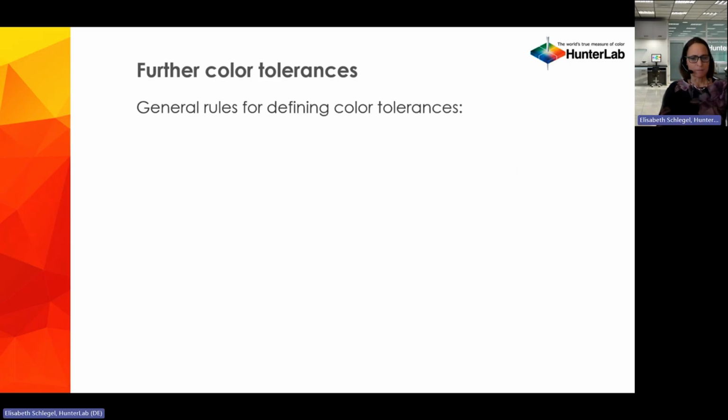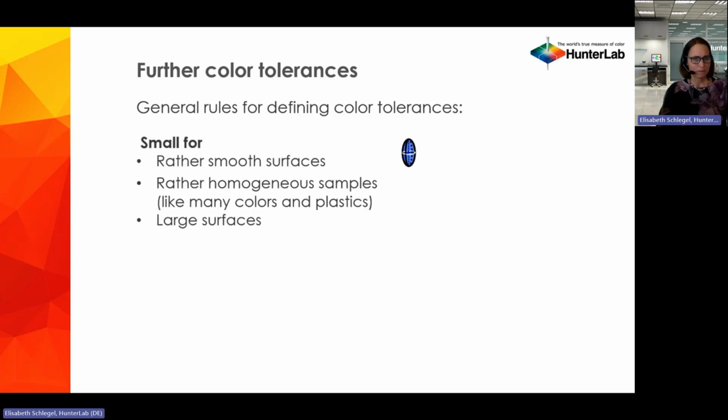And there are some general rules for defining a tolerance. You would choose a small tolerance for rather smooth surfaces, because there you easily see a difference in the color. And again, for rather homogeneous samples, like many colors in plastics, and for large surfaces, because if you're measuring a large surface, you're really covering a big area, and so you have a big average value.